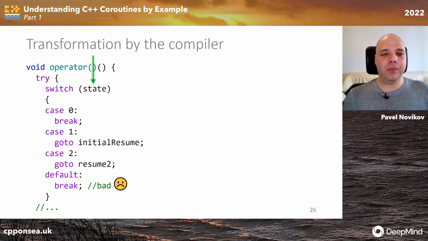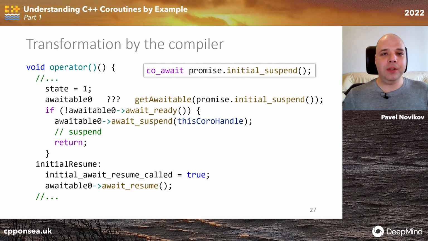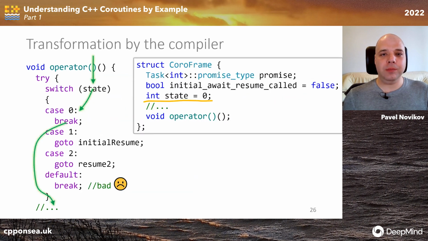So we check our state. When we call our coroutine the first time, the state is initialized to 0. So we just get to case 0 and don't bother with all the other cases and just skip them altogether.